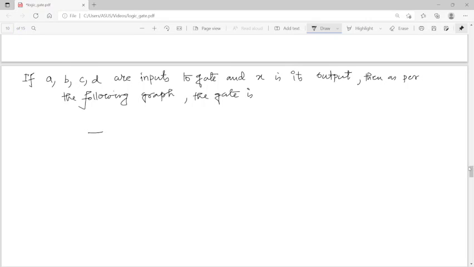They will just draw a picture like that. I am just drawing it, then I am explaining.